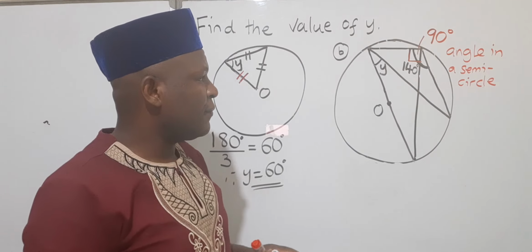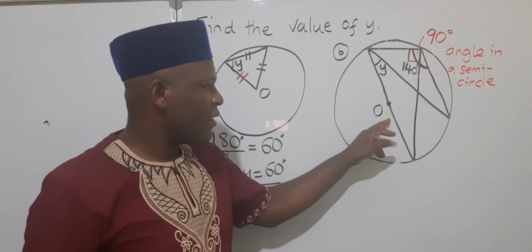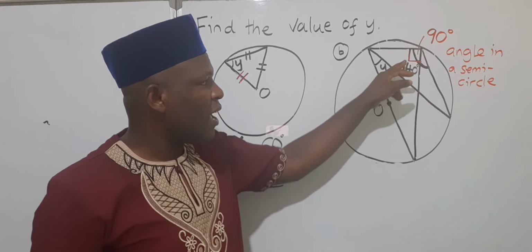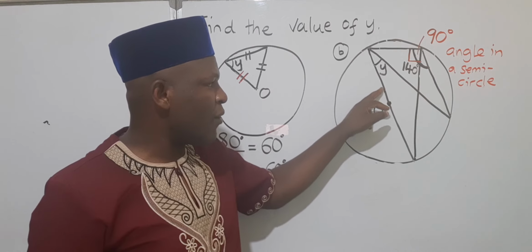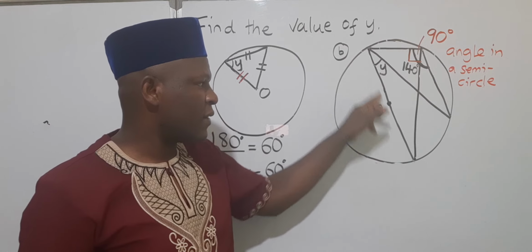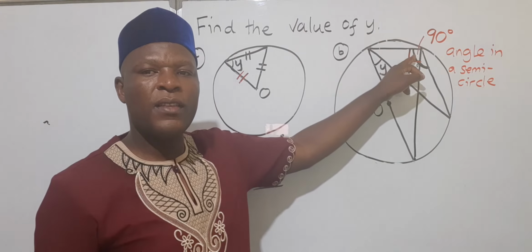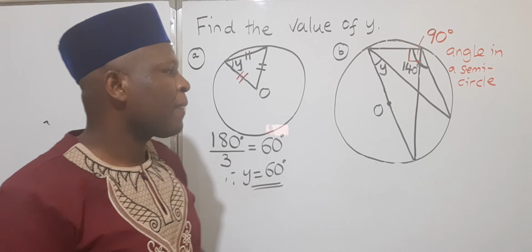And the other reason, angle at the center is twice angle on the circumference, because the angle at the center here, a straight line, is 180 degrees. So you divide this angle by 2, you get the angle on the circumference. Same reason.